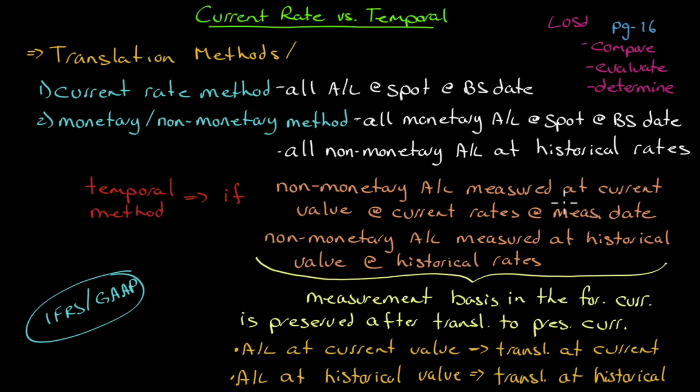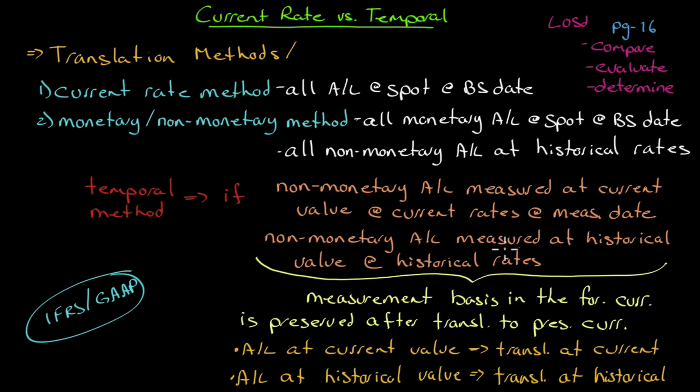So what this is saying is, let's take inventory. Inventory always is recognized at the most current price that it was purchased at. It's not listed at a historical price on day one. It never changes. It's measured at current value. So it'll be translated at the current rates, and these are the rates that existed at the measurement date. Once we get into an example, you'll see what we mean by that.